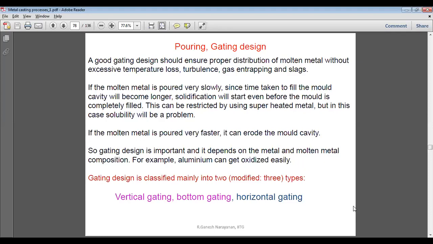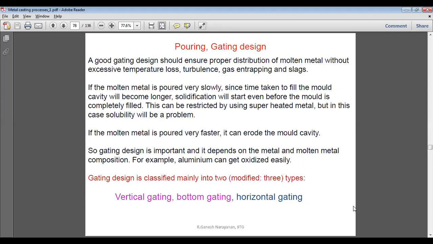This way it maintains a smooth, turbulence-free flow, efficient flue gas removal, and a normal and smooth cooling rate all along the surfaces. So gating design has a very important role to play.